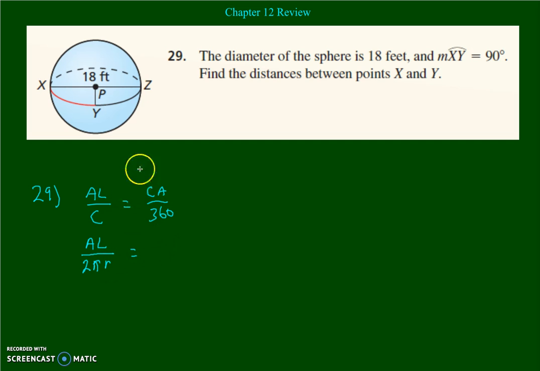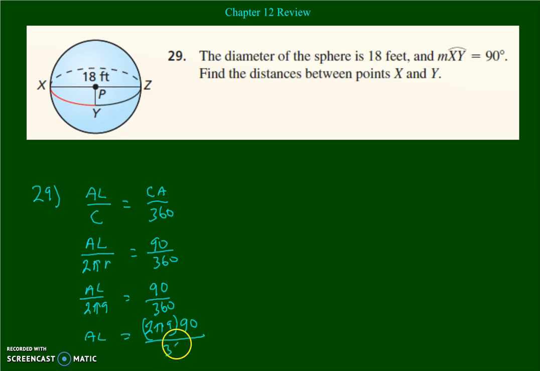Central angle, we know the central angle is 90 divided by 360. Our radius is going to be half our diameter, so arc length is 2 pi 9 as 90 is to 360. And to find arc length, we simply multiply both sides by 2 pi 9. 2 pi 9 times 90 divided by 360 gives us our arc length.